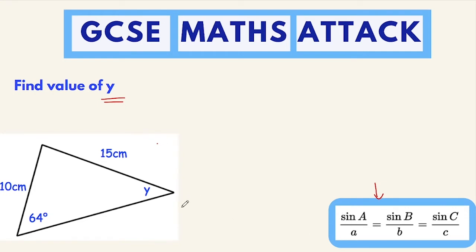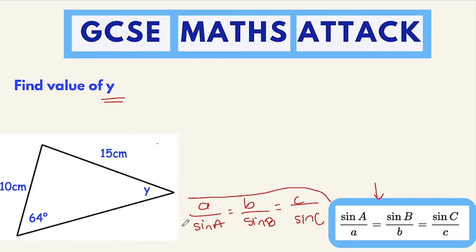So I will write it as follows: A over sine A equals B over sine B, capital B, remember, equals C over sine C. And this is the one that I use to work out a missing length. This is for a missing angle and this is for a missing length.